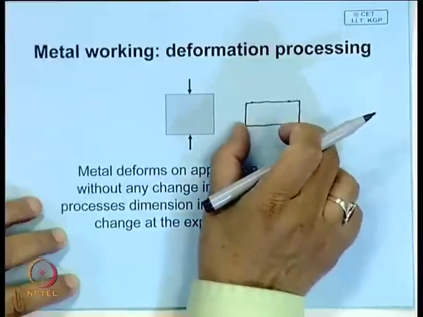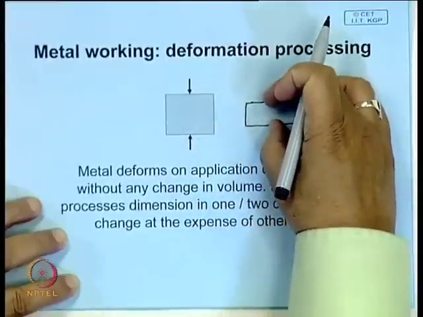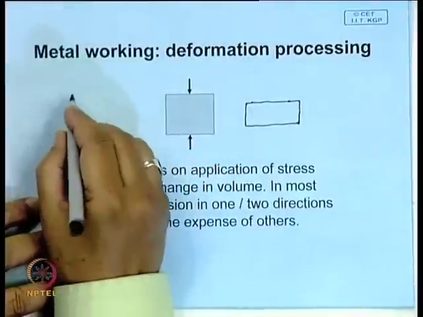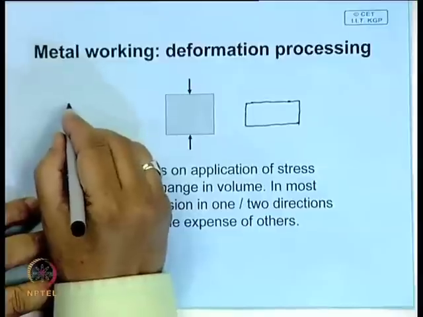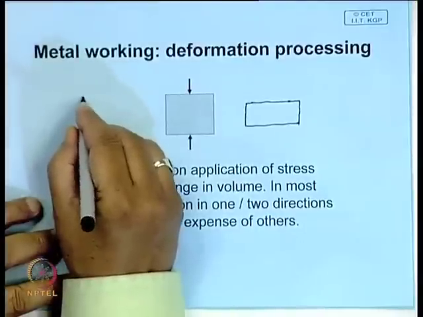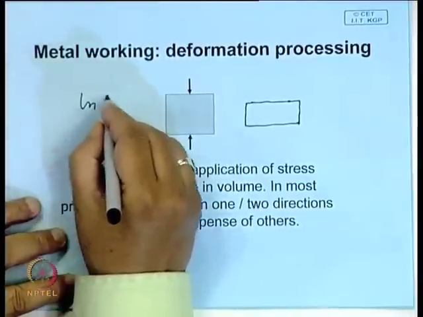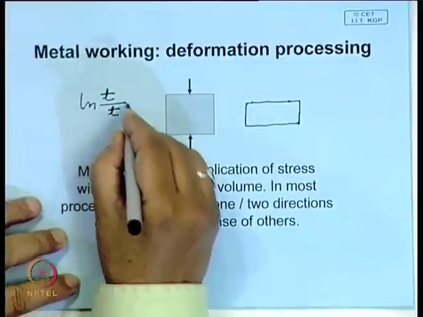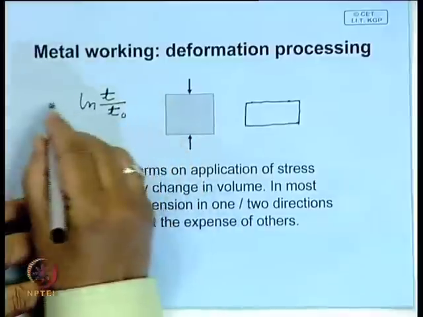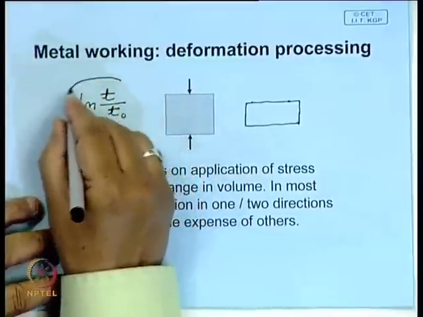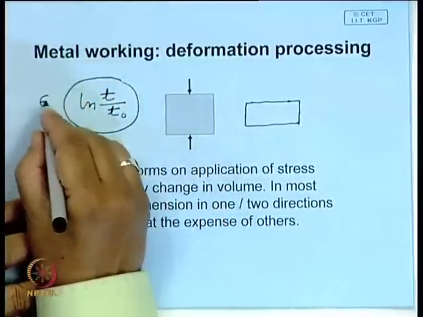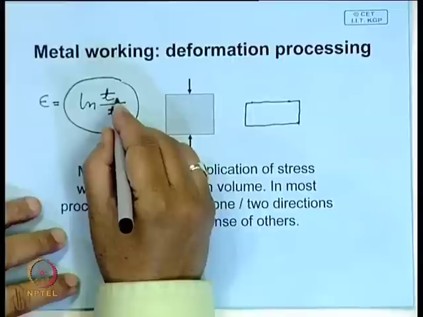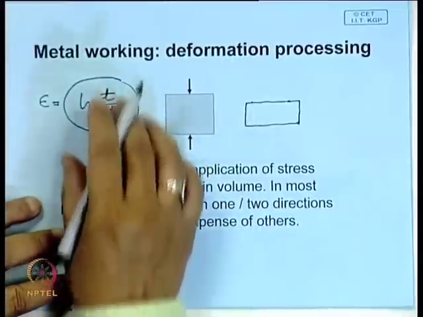There is an increase in length along this direction, there is a decrease in thickness along this direction, and we say that the amount of deformation or plastic deformation is represented as ln of thickness T over T naught. This is the true plastic strain. This is the thickness at any point and this is the initial thickness.